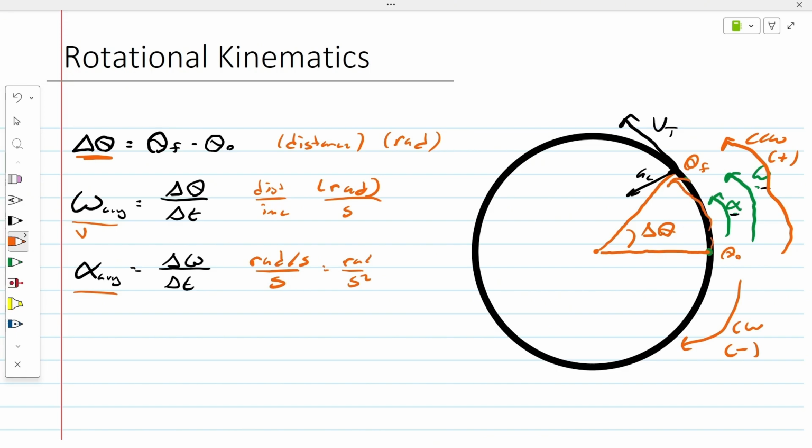If we use a unit circle, that's usually the positive angle, and the negative angle is down this way. That's how I like to think of it to make the positive and negative make sense. And one last thing to note here, if we're thinking about what an object that's spinning looks like, let's say we have a ball like this. It could be rotating along its axis, like that.